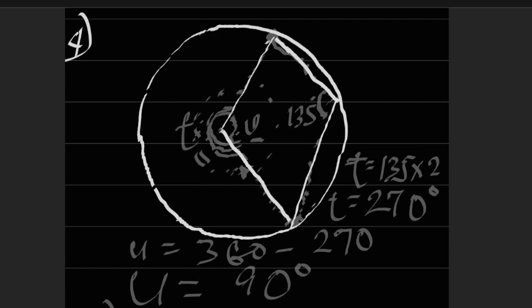This is the center of the circle. So this is angle T, and then this is angle U. This angle is angle 135 degrees.